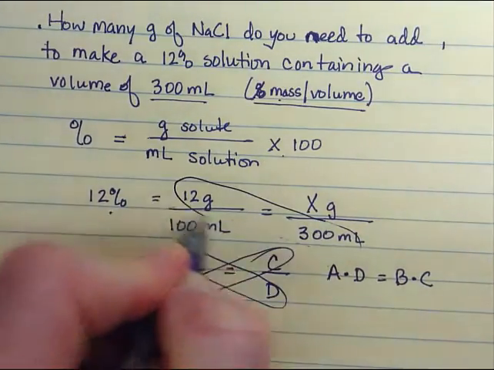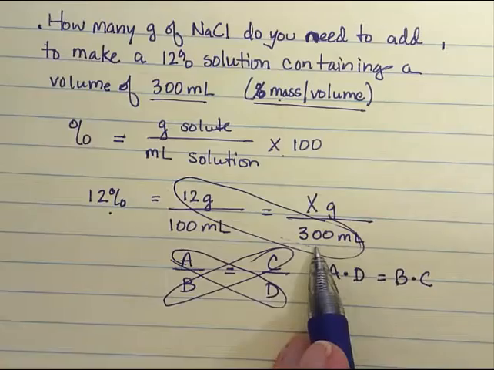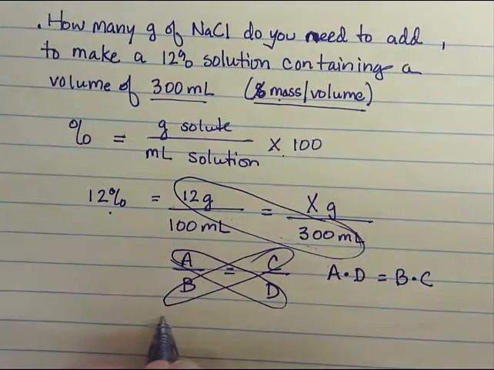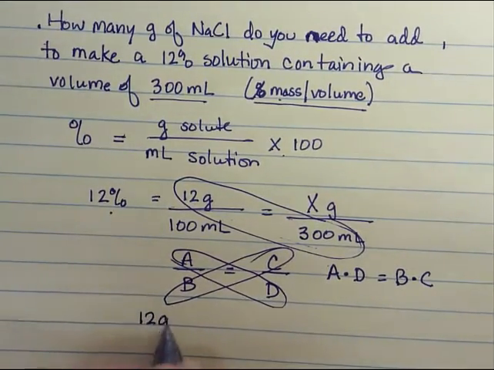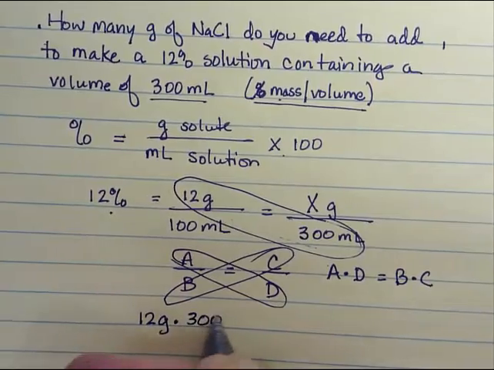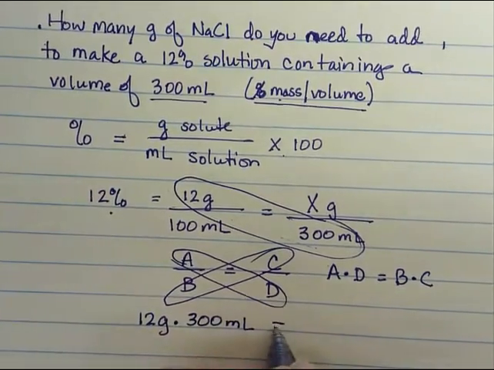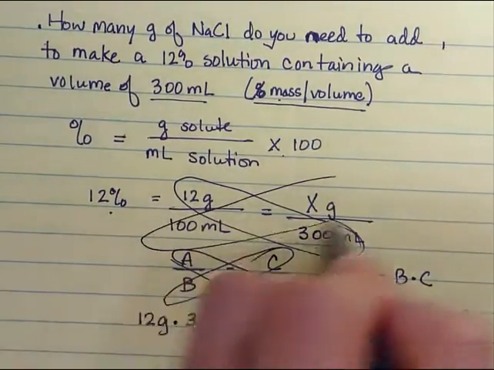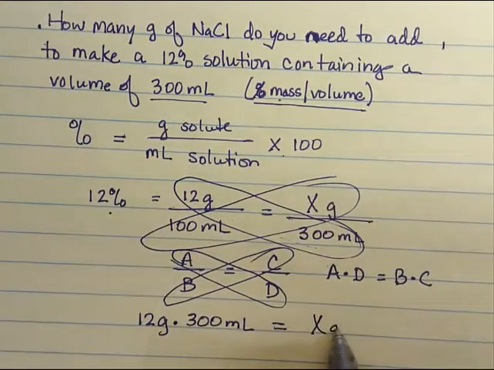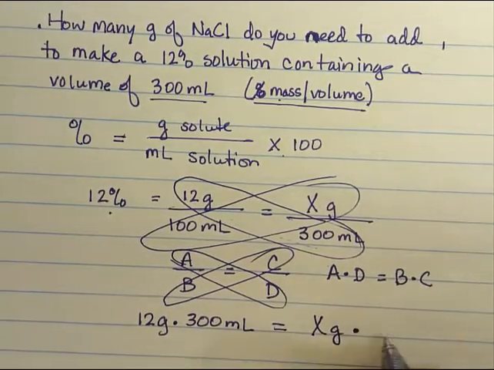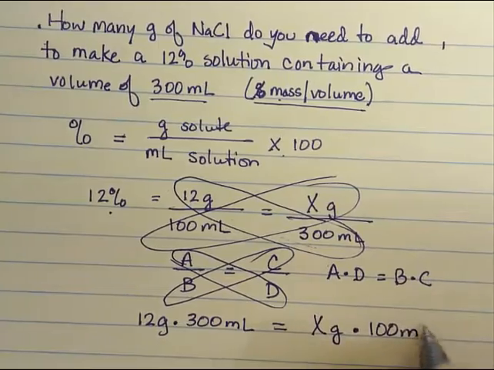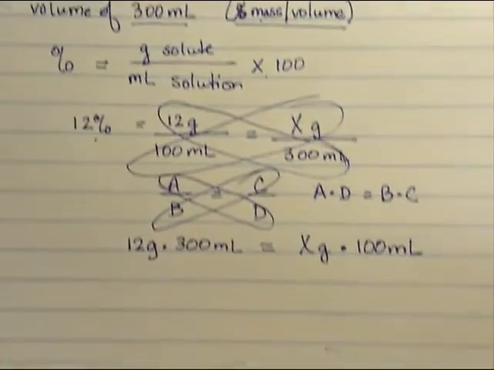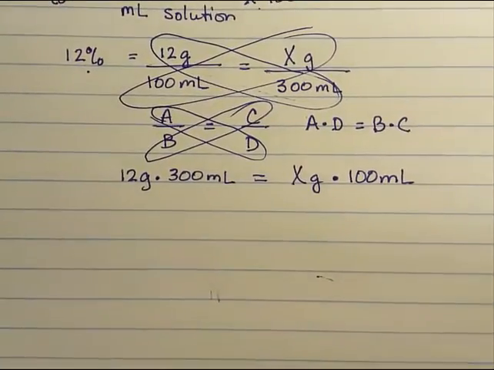So you've got 12 times the 300 mils. So we can say down here 12 grams times 300 mils is going to be equivalent to our X grams times 100 mils. And then we can solve for X, essentially.